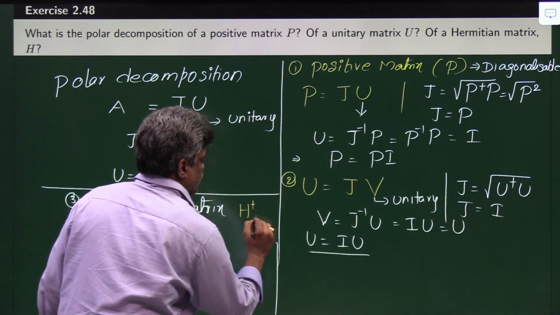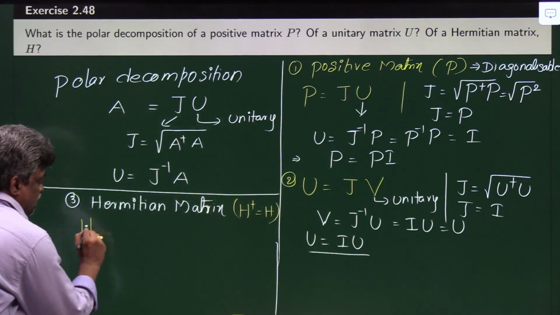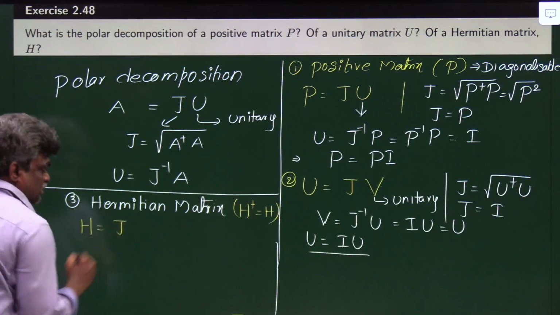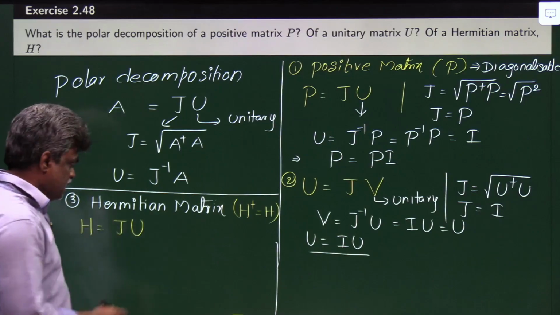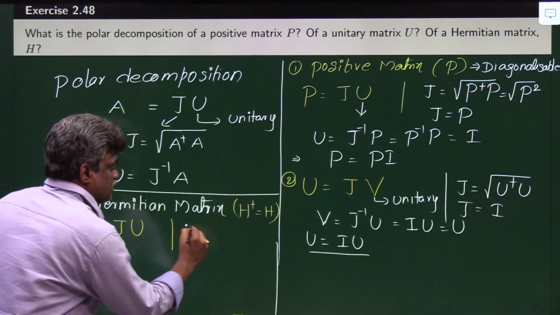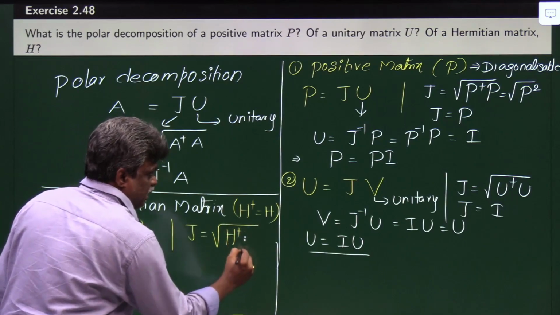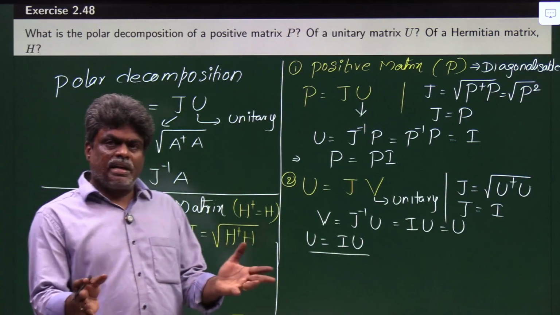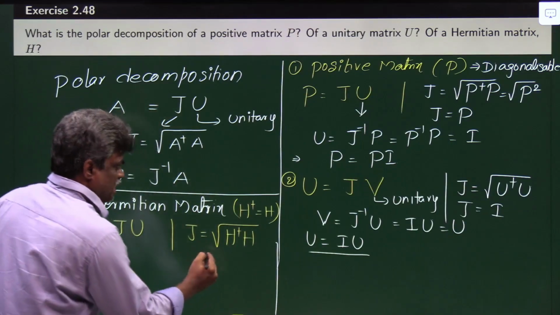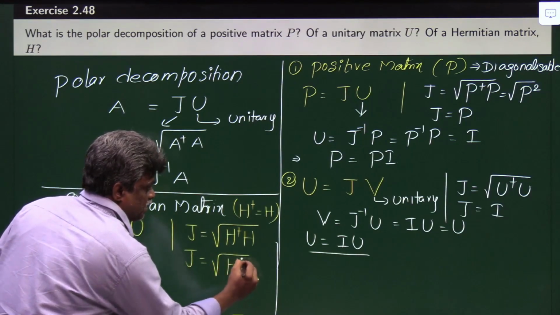H dagger equal to H. Now I am taking the matrix H equal to the polar decomposition form J into U, where U is unitary. We have to find that. First, what is the definition of J? J equal to the square root of H dagger into H. Since H is Hermitian, we can write J equal to the square root of H square.